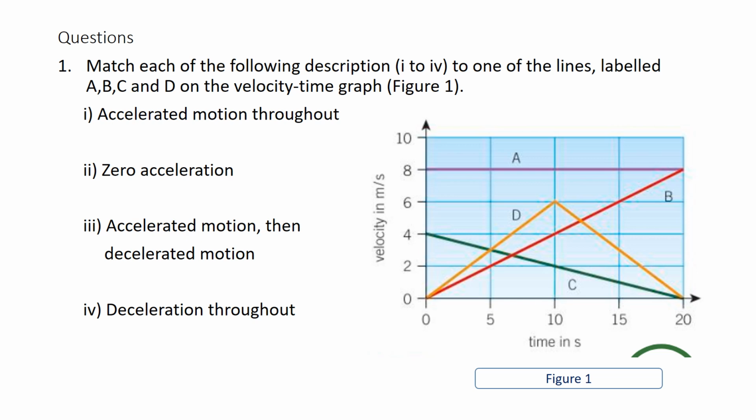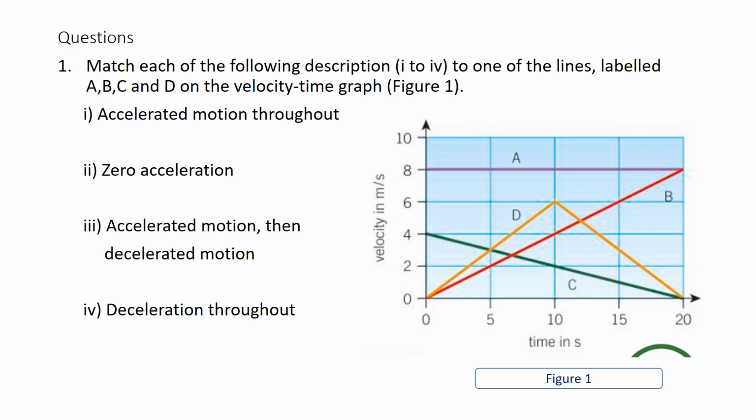We're going to look at matching these labels to what's happening, A, B, C, D, on the velocity time graph. And so A is nice and flat, and there is zero acceleration.